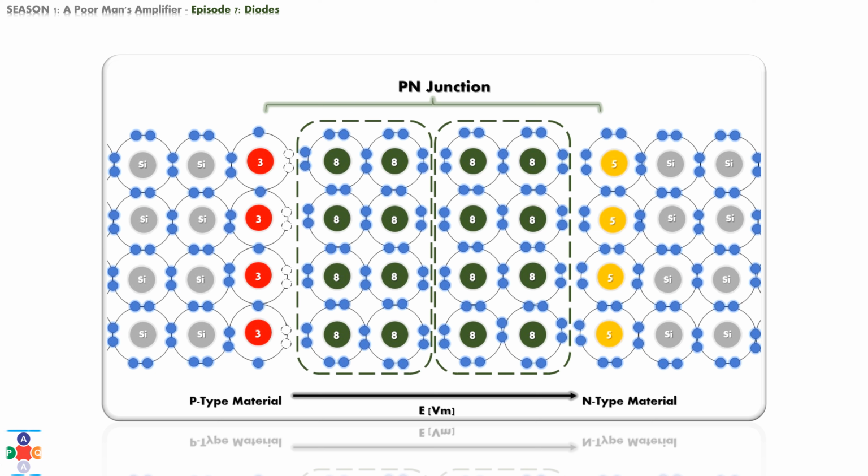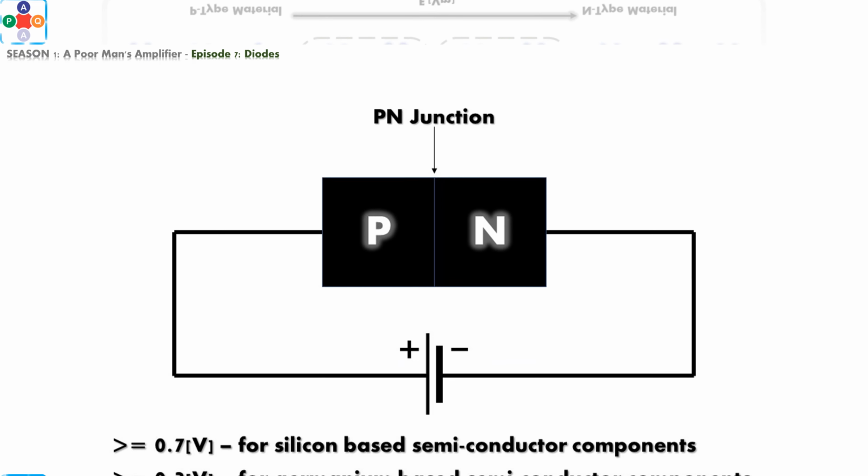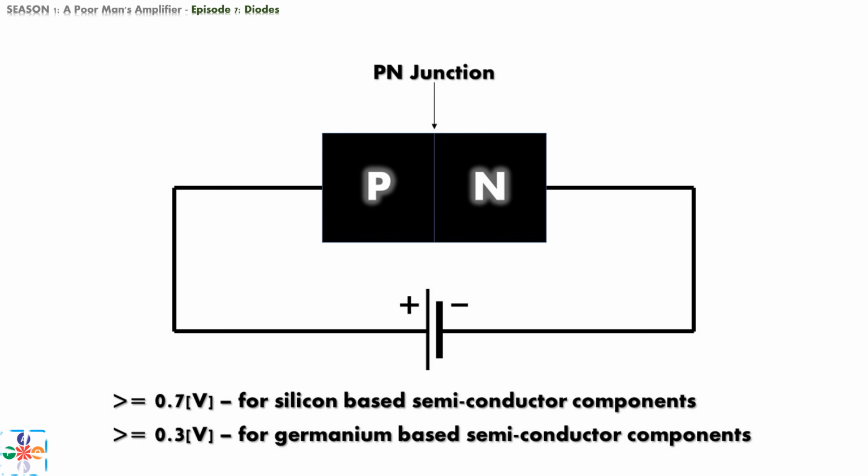We have also learned that a dormant extrinsic semiconductor acts as an insulator. In order for it to become conductive, it has to be exposed to an external force, in the form of a voltage, of 0.3 or 0.7 volts, depending on whether a germanium or silicon crystal is used in the manufacturing process.